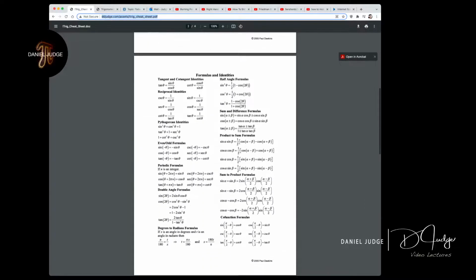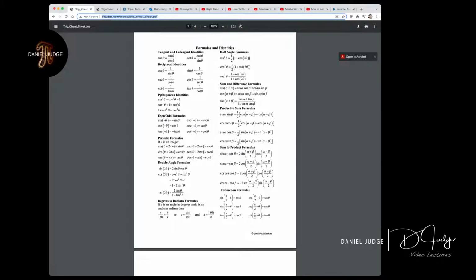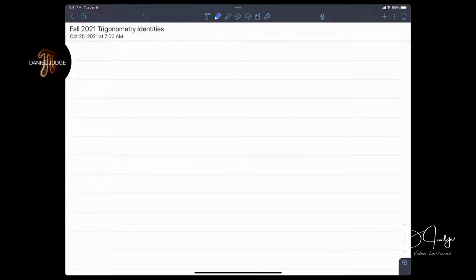And that's what we're going to look at today. We're going to look at this formula sheet and we're going to start working with identities. Okay? Formula sheet, working with identities, ladies and gentlemen. So here we go. So you head on to the iPad.